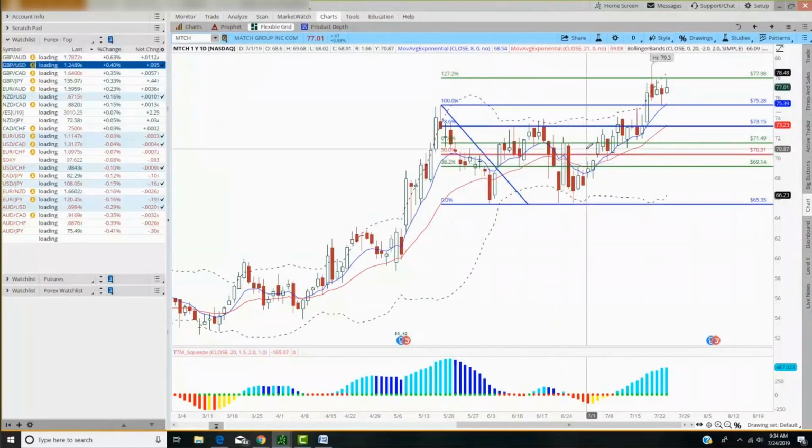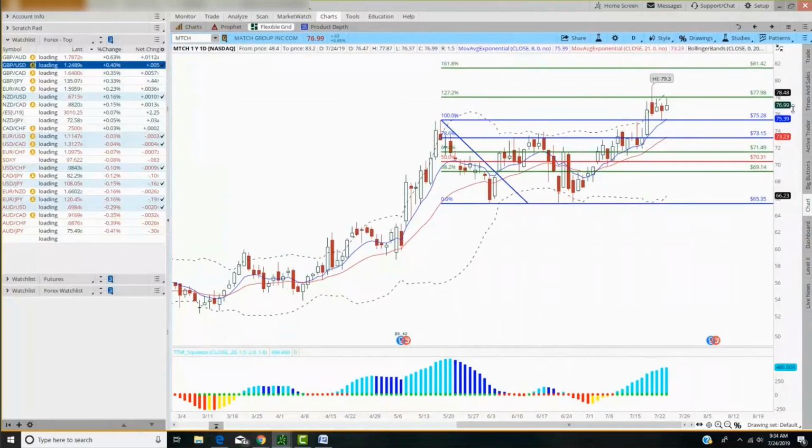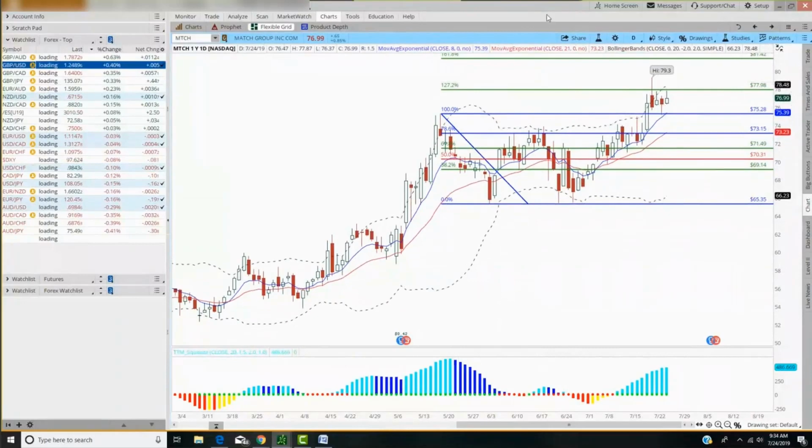Now, I've talked about this in other videos. But what we're playing is the 127.2 Fibonacci extension. This is our target. Some traders can use this as target number 1, or you can just use this as your entire profit.